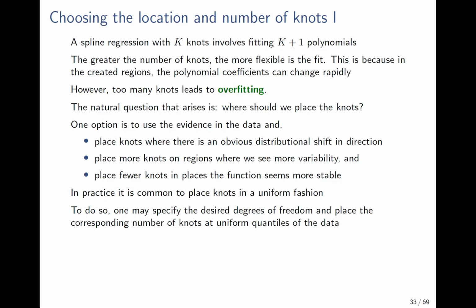All of that seems to make sense and could be appropriate. But in practice, it's common just to place knots in a uniform fashion, again being semi-parametric about it and not imposing too many a priori assumptions. To do that, all we need to do is select the desired degrees of freedom, which is equivalent to the number of knots, because one is a function of the other, and place the corresponding number of knots at uniform quantiles of the data.